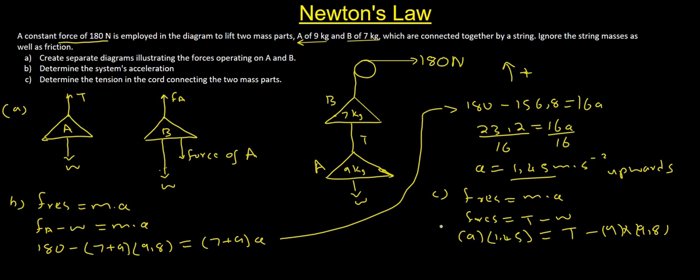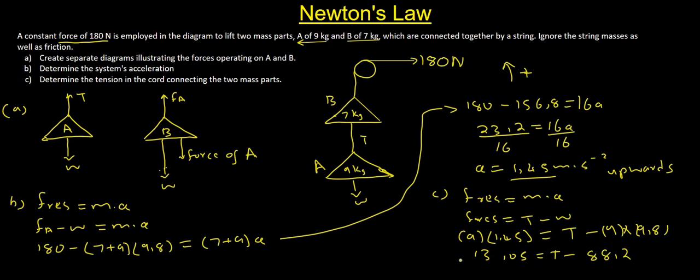Then 9 multiplied by 1,45, we're going to get 13,05 will be equal to T minus 9 multiplied by 9,8. We're going to get 88,2.